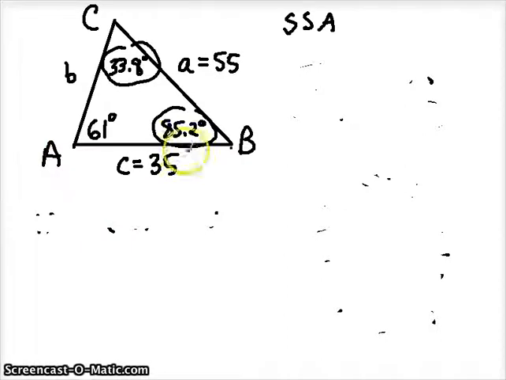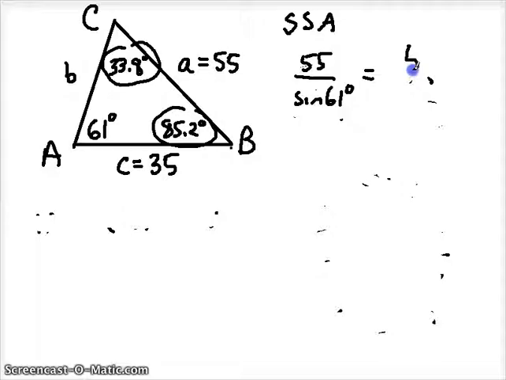So if I set up the ratio of A again, and set it now equal to the ratio of B, sine of the angle there.